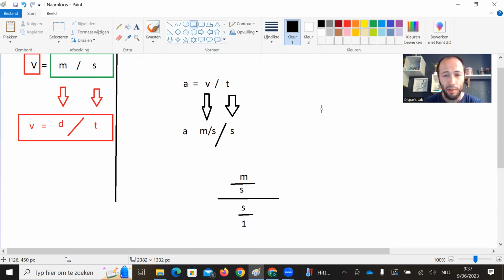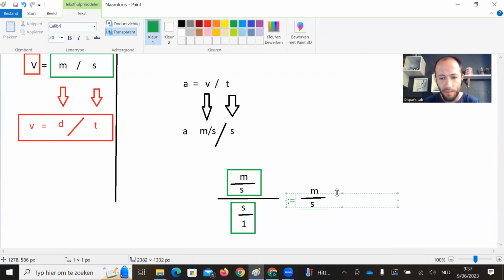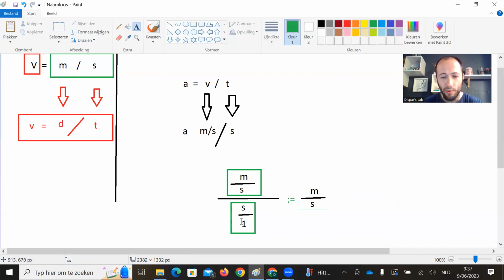And the mathematical principle is that we take the reciprocal and multiply. So then we have meters per second times, instead of s over 1, it becomes 1 over s.